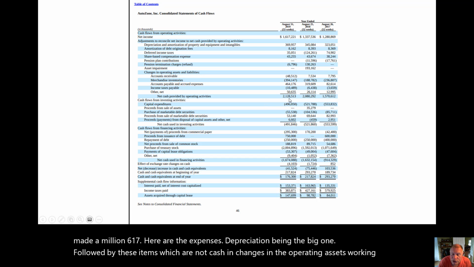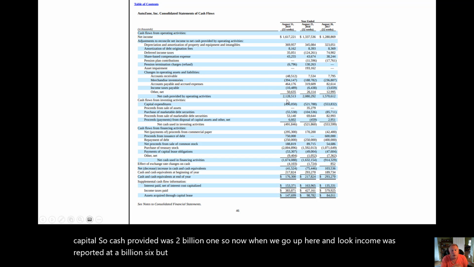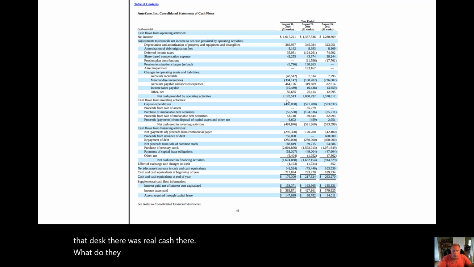So the cash provided was over $2,000,000,000. Now when we go up here and look, income was reported at $1,600,000,000, but yet operations threw off over $2,000,000,000. That's telling us that there's real cash there. What did they do with that money? Well, capital expenditures. They spent under $500,000,000 on that, and that was the bulk of it.